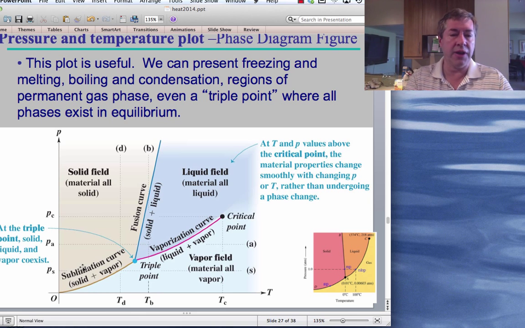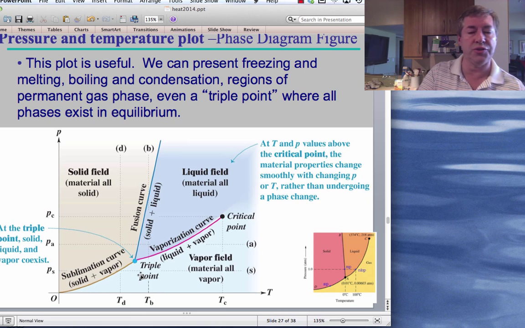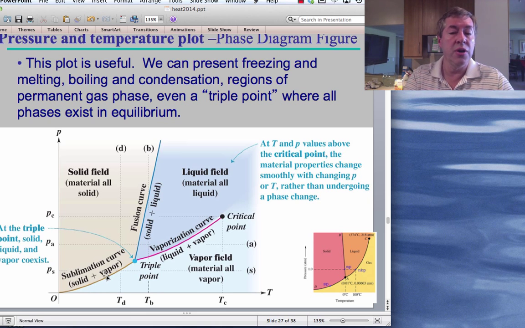The solid material, when you warm it up, it simply sublimates. It goes from a solid directly into a vapor. That, for example, is what carbon dioxide does when you freeze it, so-called dry ice. Frozen CO2 warms up, it goes straight into carbon dioxide gas, vapor.